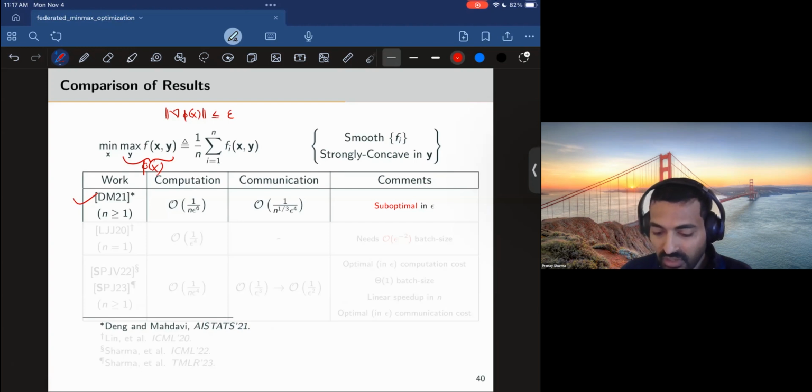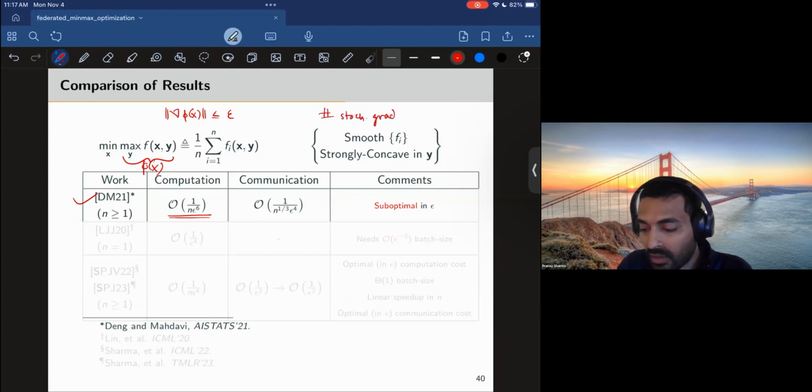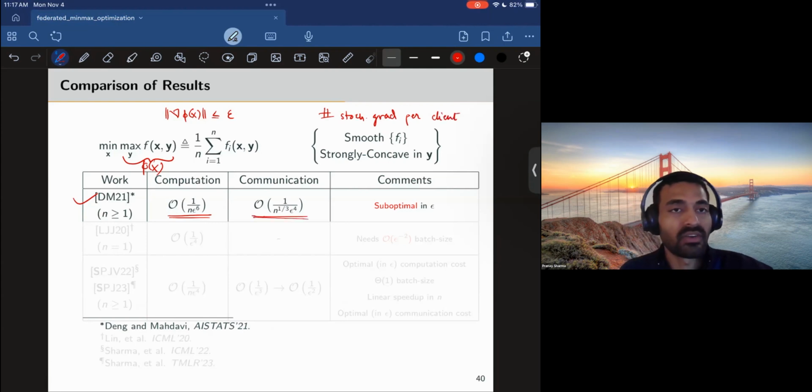This result from 2021 had some computation cost, meaning the number of stochastic gradients every client had to compute, so the number of stochastic gradients per client. And this was the number of communication rounds which had to happen, so the number of back and forths between the server and the client.